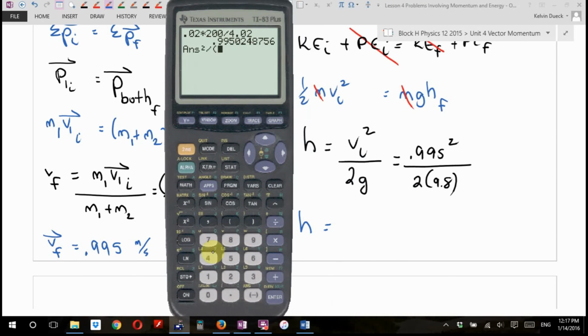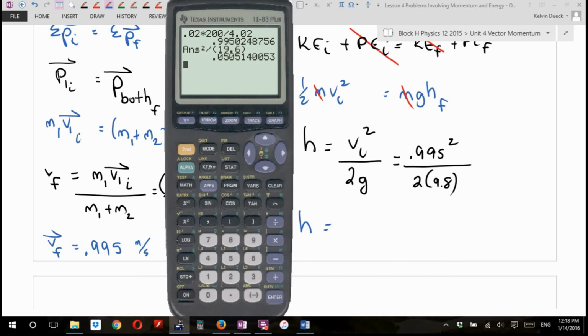Squared divided by 2 times 9.8. I actually know that's 19.6. I've done that one so often. Double check me with 2 times 9.8. But you get 0.05 meters, 5 centimeters. 0.051 if I really want to be fussy.